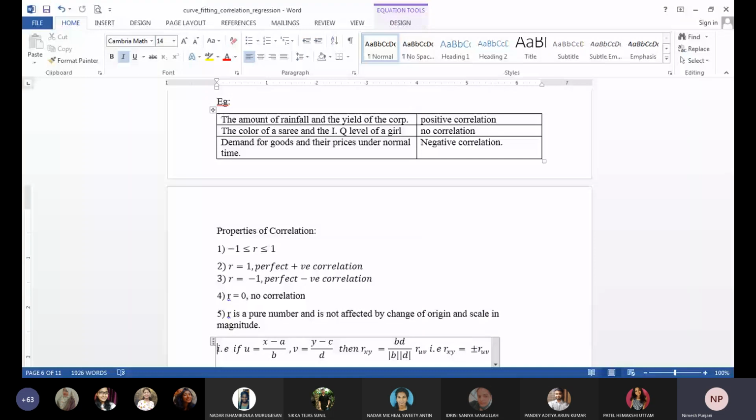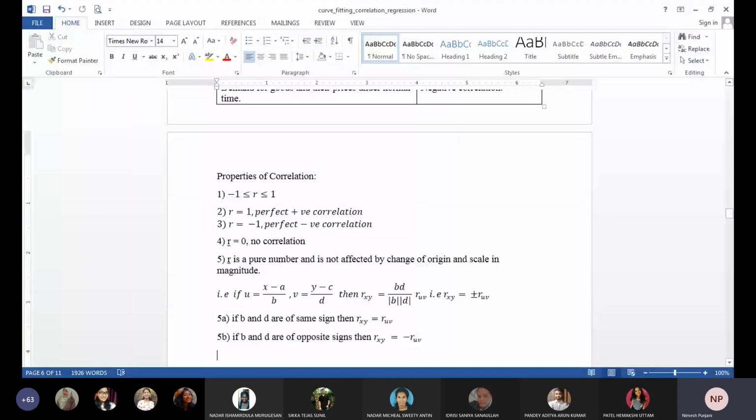r is a pure number, and it is not affected by the change of scale and origin in terms of magnitude.